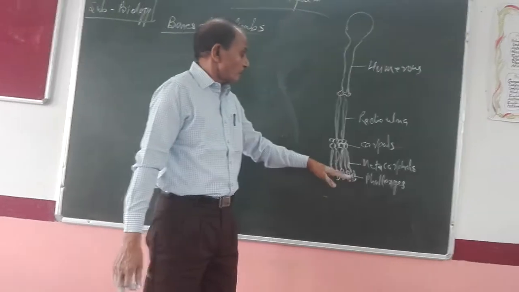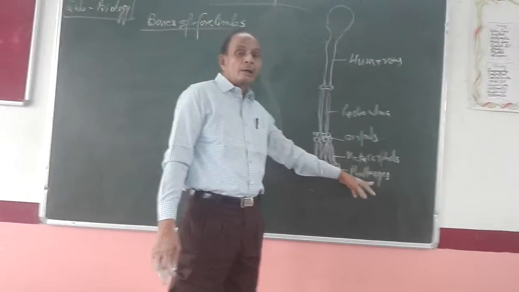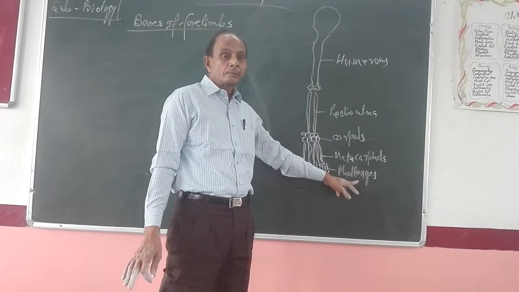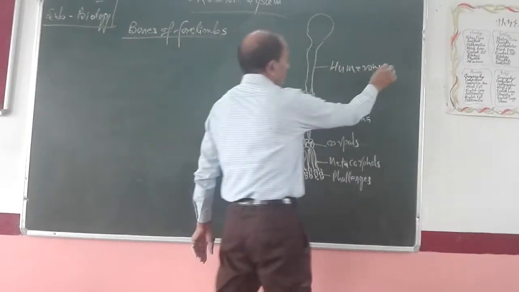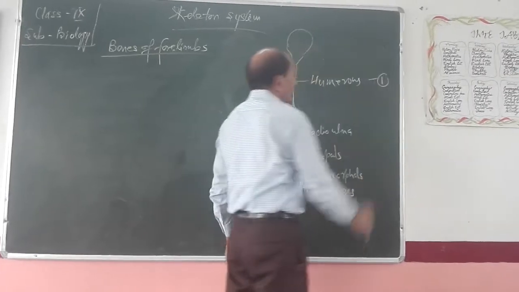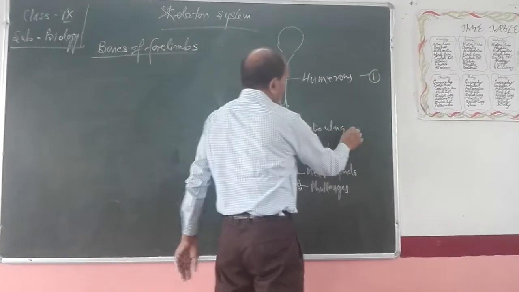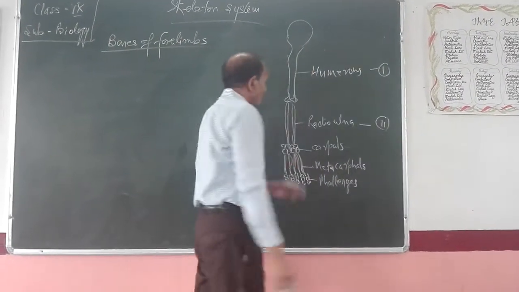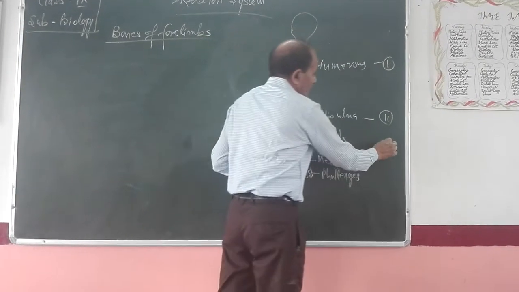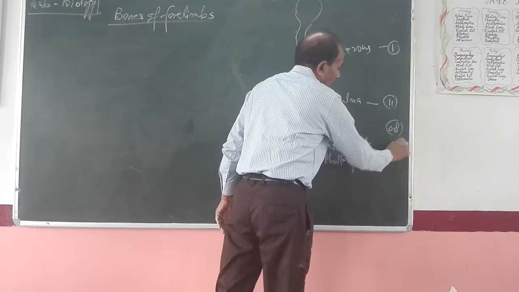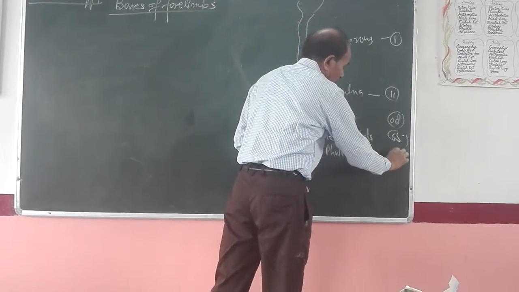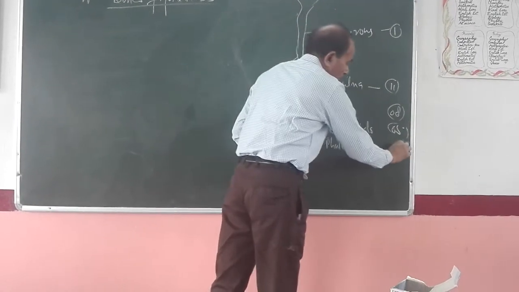These 14 smaller bones are known as phalanges. Clear? So our forelimb consists of only one bone, the humerus; the radioulna, consisting of 2 bones, radius and ulna; carpals, 8 bones; metacarpals, 5 bones; and phalanges, 4 threes are 12 plus 2, 14.